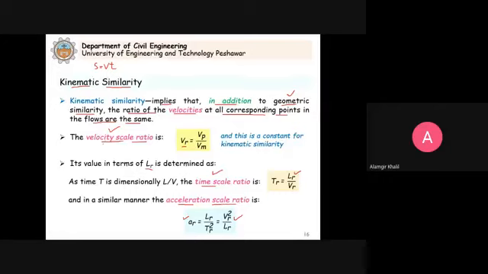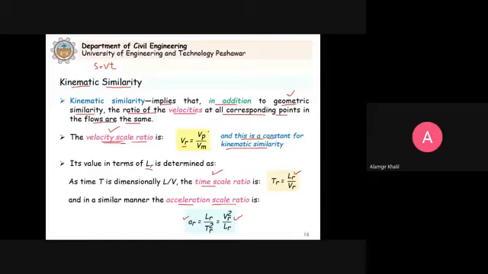So kinematic similarity means that the velocities at all corresponding points in the flows are the same in model and prototype. So you can see here, that's why this is a constant, Vp by Vm. So scale ratio, remember, we will stick to the textbook convention. We will write prototype by model.